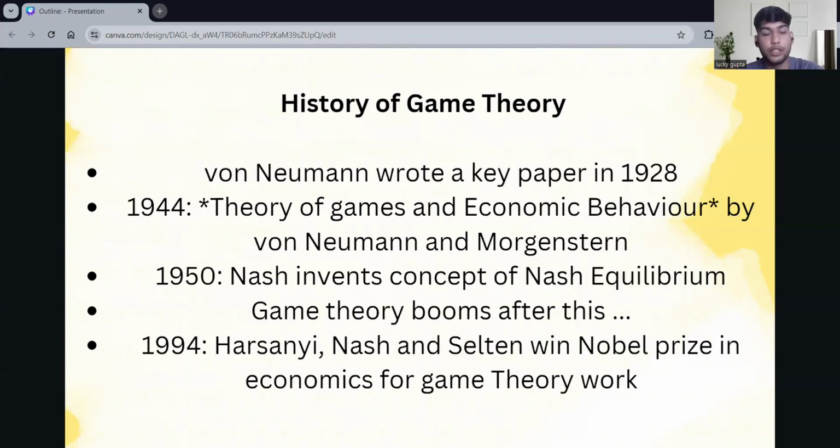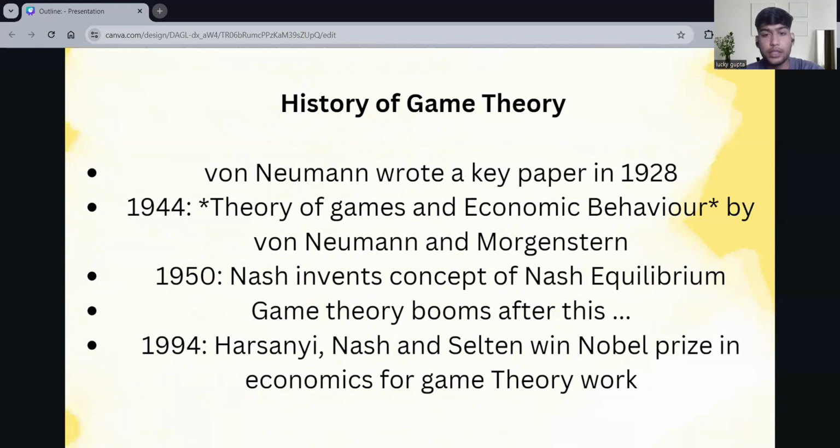So what is the history of game theory? Where did it come from and how did it evolve? Von Neumann wrote a key paper in 1928 on game theory, though in a simple version of it. Then in 1944, Theory of Games and Economic Behavior was published by Von Neumann and Morgenstern.